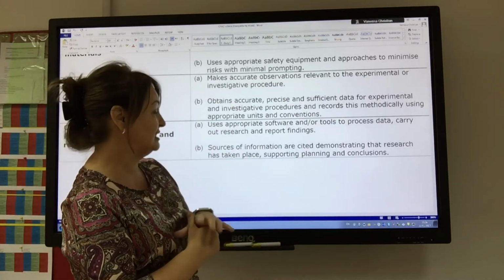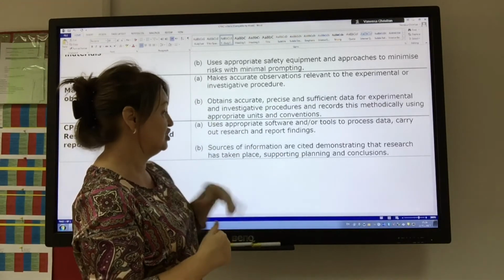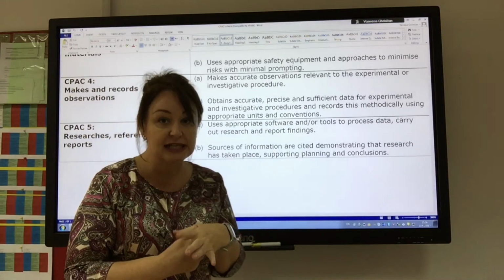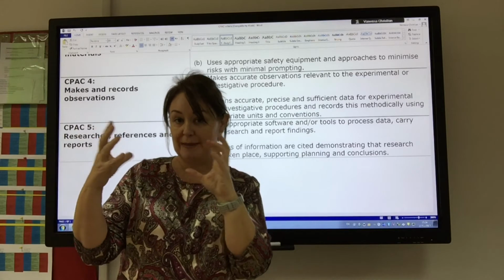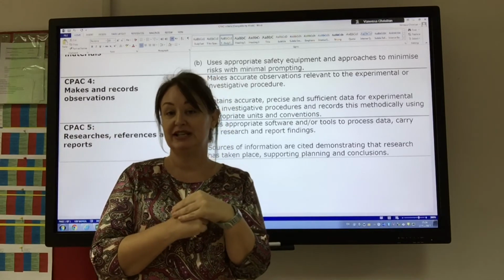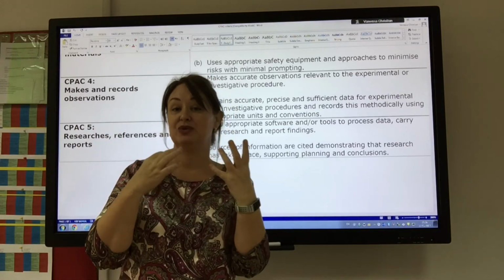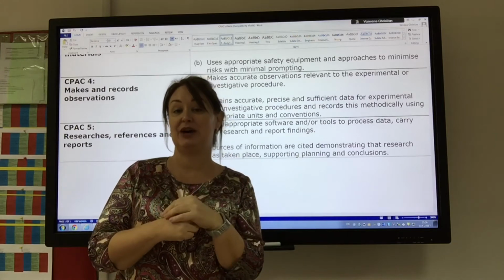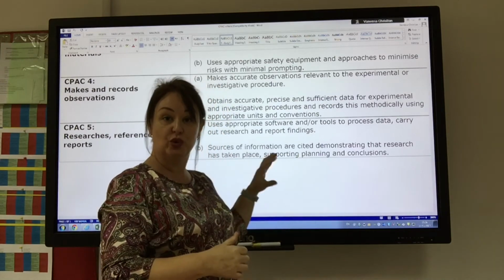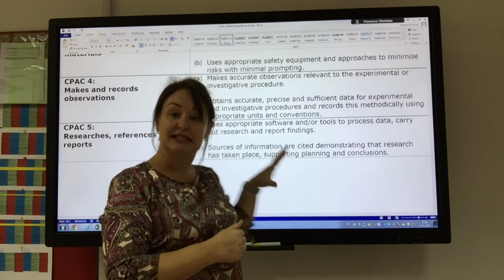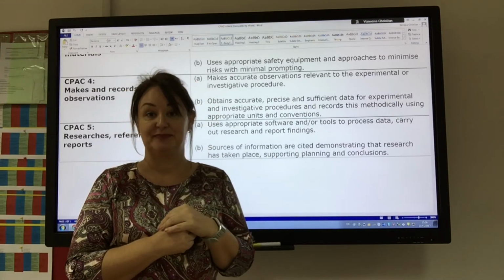Sources of information are cited, demonstrating that research has taken place, supporting planning and conclusions. The more you're able to embed extra research in your work and you actually date and cite that work, then that's going to help to ensure that you are awarded the CPAC for that criteria.